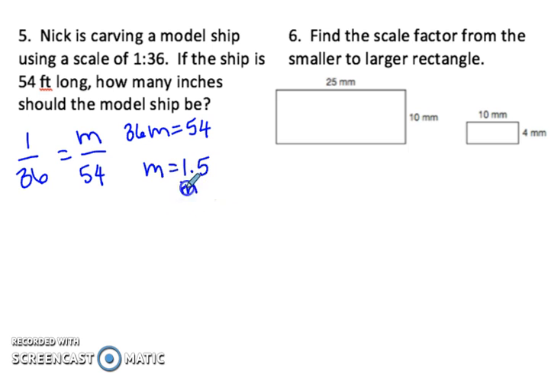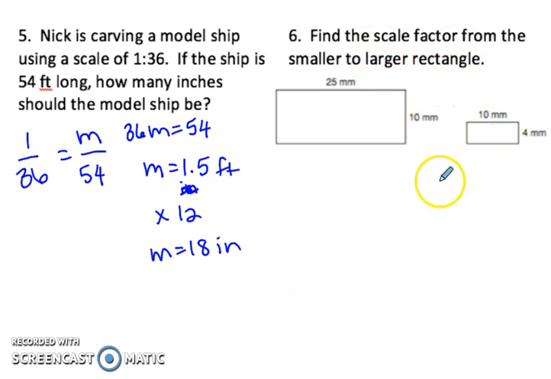Oh, I'm sorry, not in inches. 54 was in feet, so that means I have 1.5 feet, but I want my answer to be in inches, so in order to convert it, I'm going to multiply by 12, and so I get 18 for my inches.